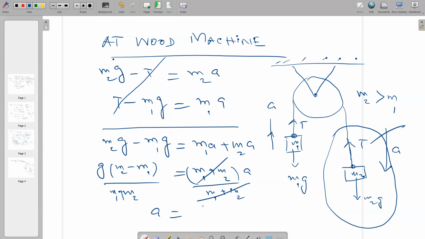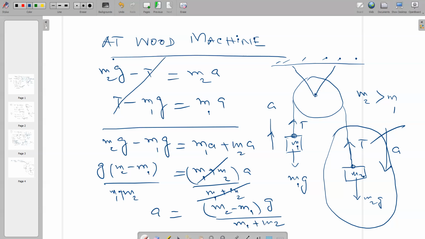So acceleration will be M2 minus M1 into g divided by M1 plus M2. This is the acceleration. If you want to find the acceleration, you will apply this formula and solve it and get the answer.